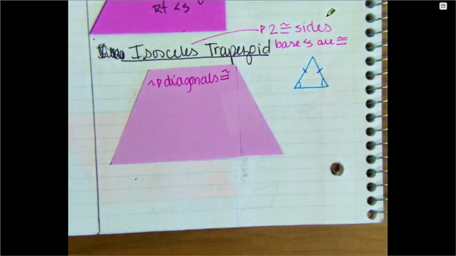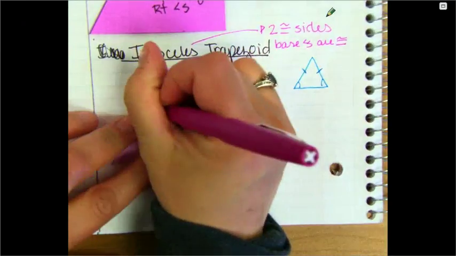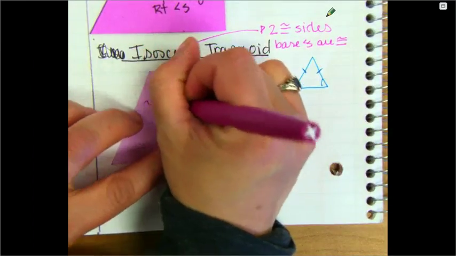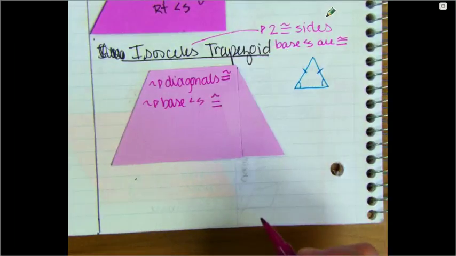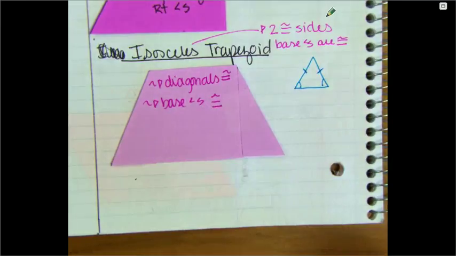Alright, on this one, diagonals are congruent. Base angles are congruent. Do the rules still count from yesterday's trapezoid? Do we still have one pair of sides parallel?